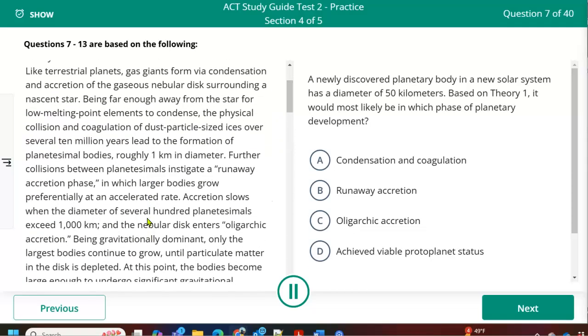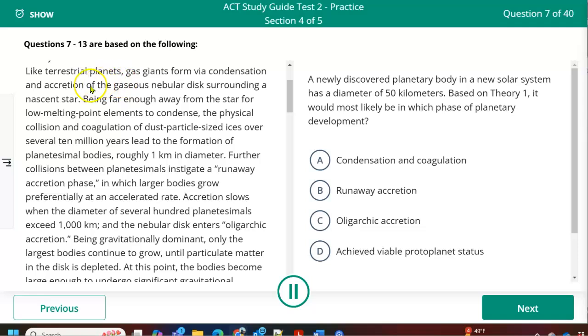Like terrestrial planets, gas giants form via condensation. Again, don't get bogged down in the terminology. You can come back to it if it's important, but you want to read just enough so you can make sense of the graphics.